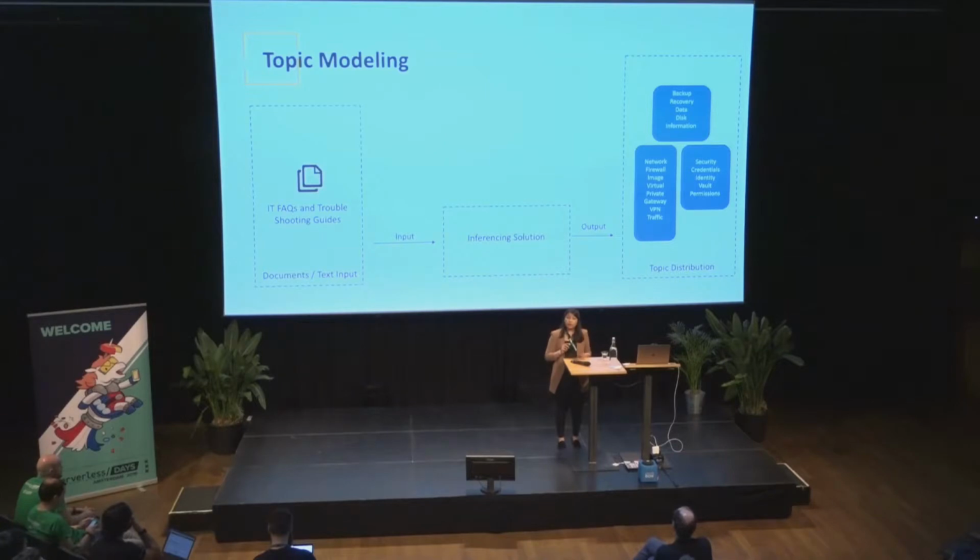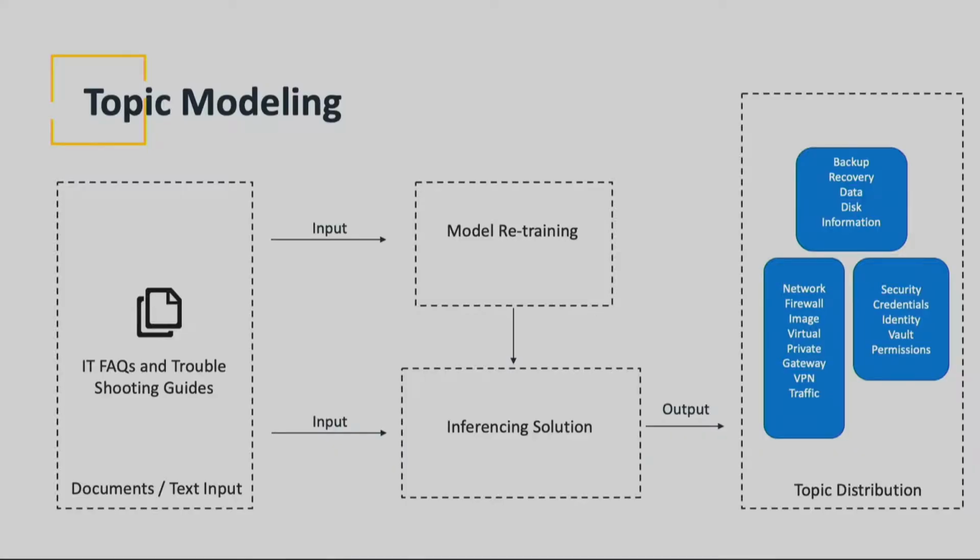This was slightly different from the previous use case, because this one had an additional component, which was a retraining pipeline. So not only did they want to get new input and make a prediction on it, they also wanted to use the new data to retrain and update the ML model.